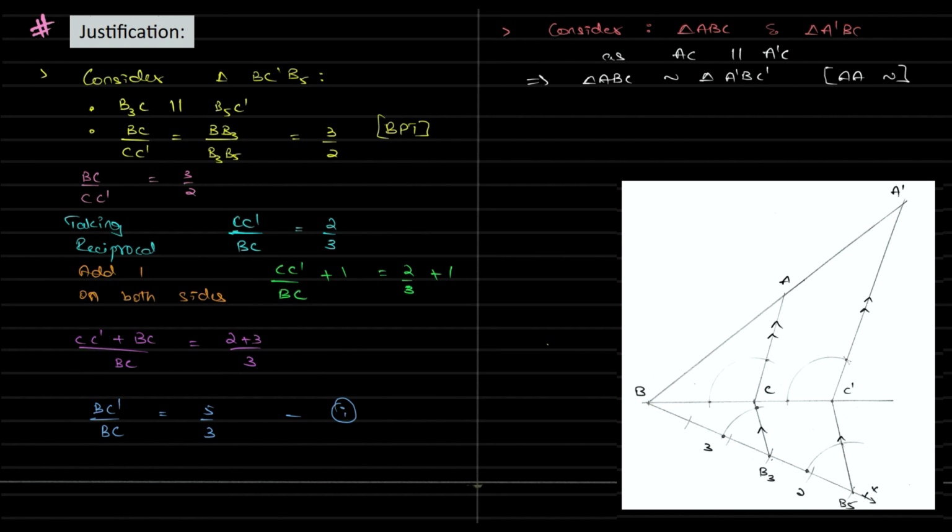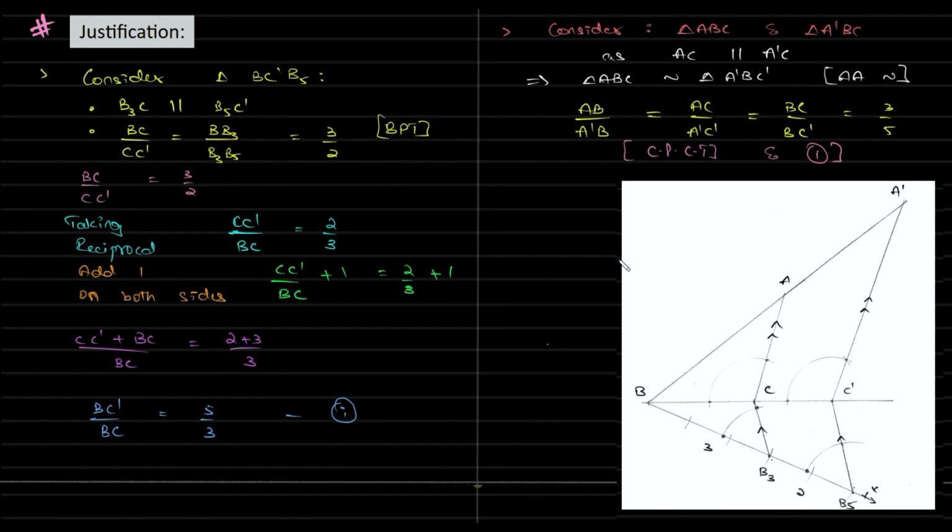Let's not write too much, so don't prove this in detail, that's enough. And so we have the ratio AB by A dash B is equal to AC by A dash C dash, which in turn is equal to BC by BC dash, which is equal to 3 by 5. This is as per CPCT and your first equation.